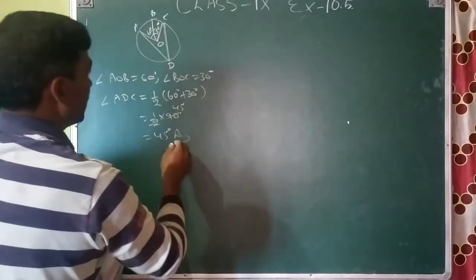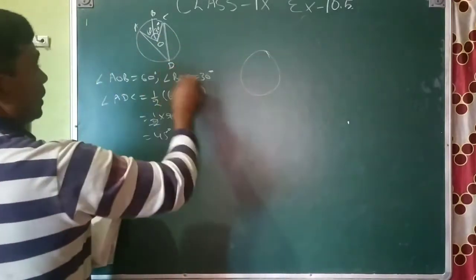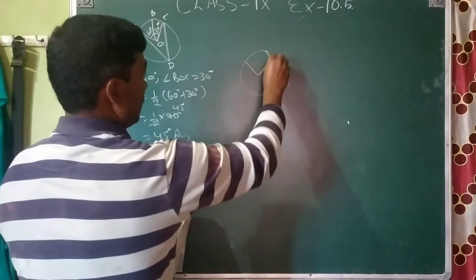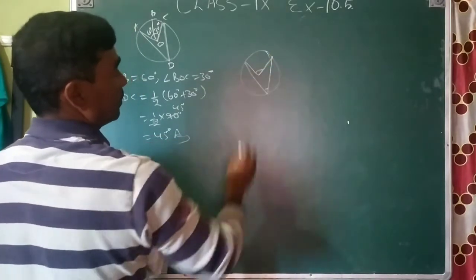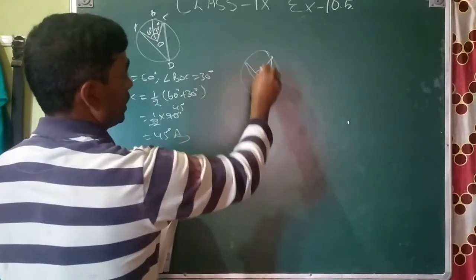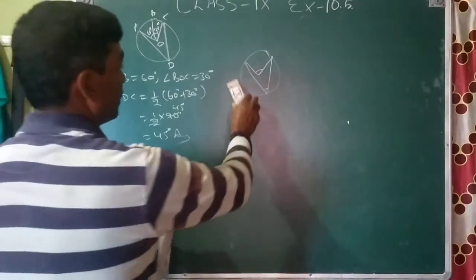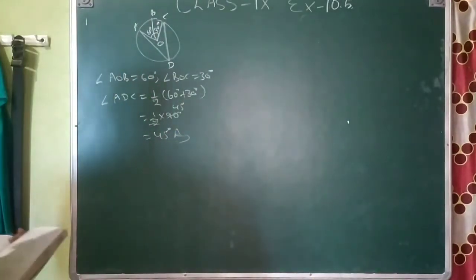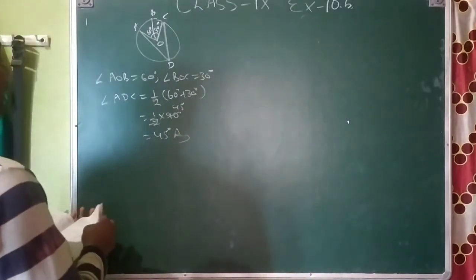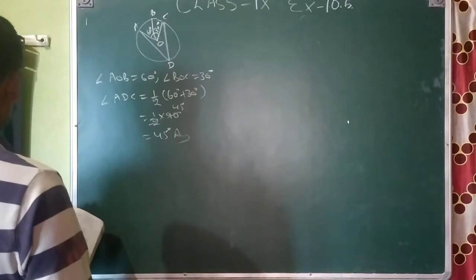I am explaining it again with the triangle: this angle will be half of this angle. It means suppose this is 60 degrees, so this will be 30 degrees. This is the theorem: the angle subtended at the center is double the angle subtended on the circle.